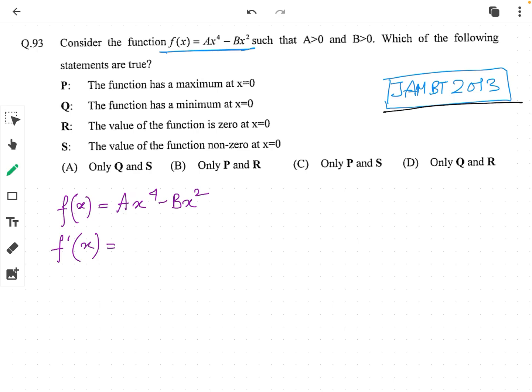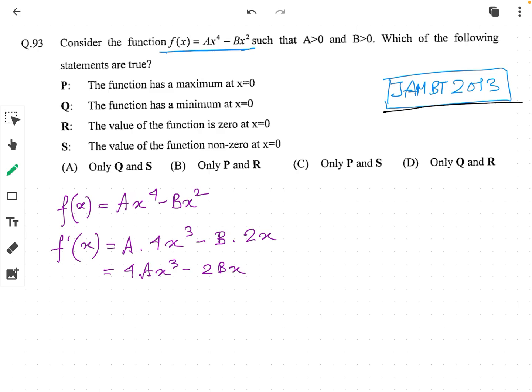So it is a into x to the power 4, so its first derivative would be 4 times x cube, minus b, which is a constant, into derivative of x square, that is 2x. So this is equal 4ax cube minus 2bx. Now we have found the first derivative of f(x), our function.